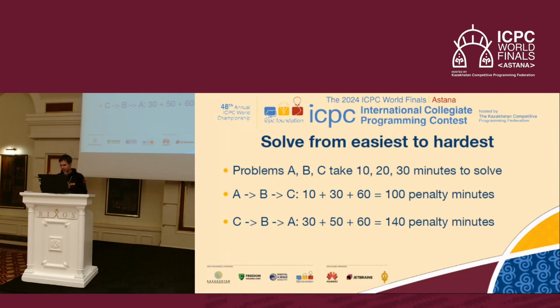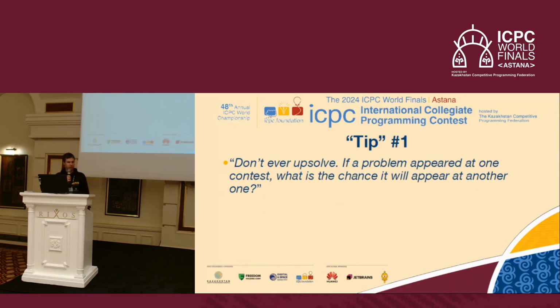But in general, you could also go to some more questionable tips, like for example this tip, which says don't ever upsolve. If a problem appeared at one contest, what is the chance it will appear at another one? So on the internet in general, it's a very dangerous place, and you can find some very questionable tips.